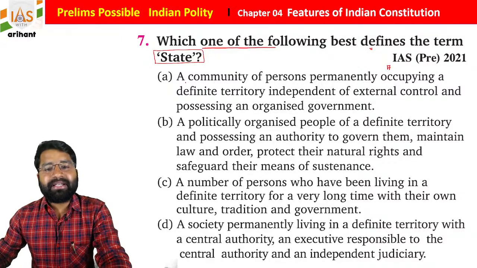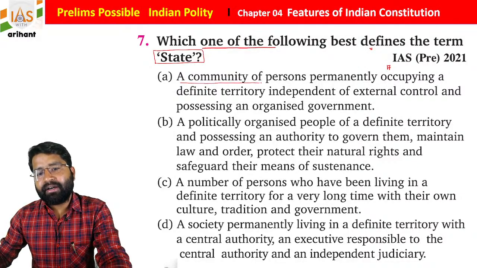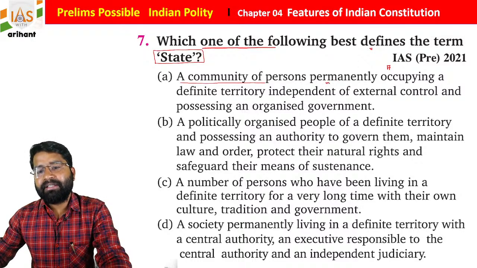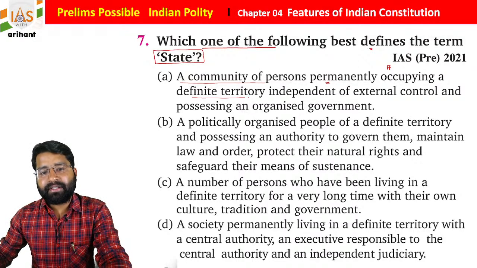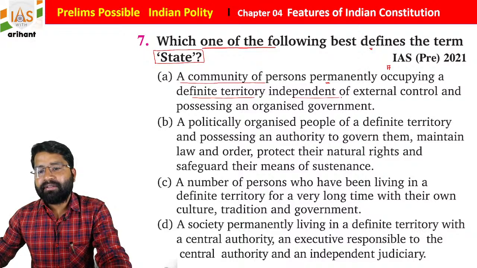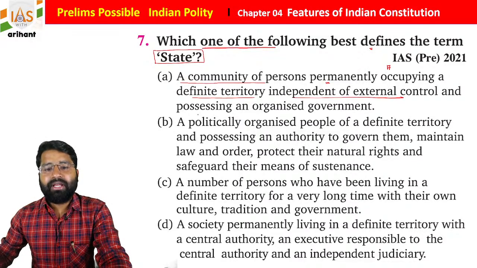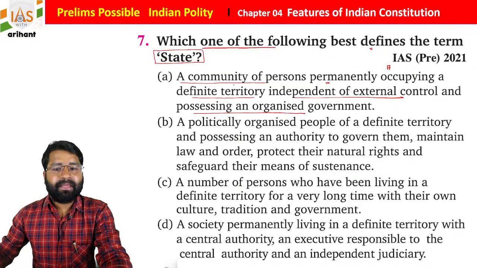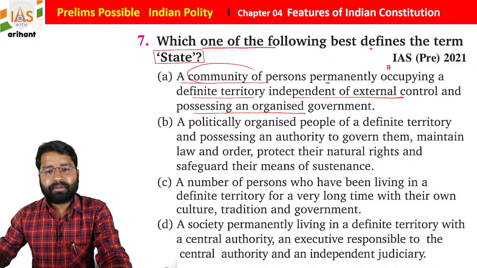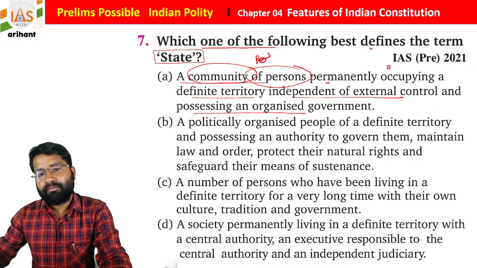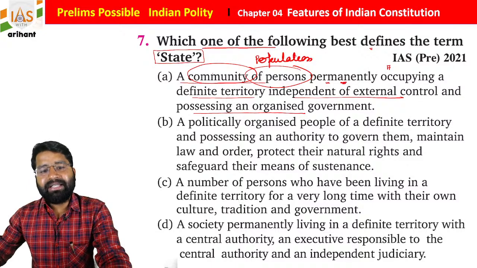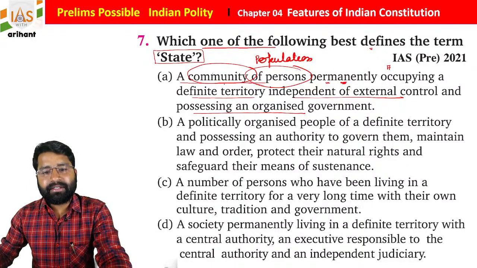Statement A says: a community of persons permanently occupying a definite territory, independent of external control, and possessing an organized government. So a community of persons means they are talking about the population. Permanently occupying a definite territory.